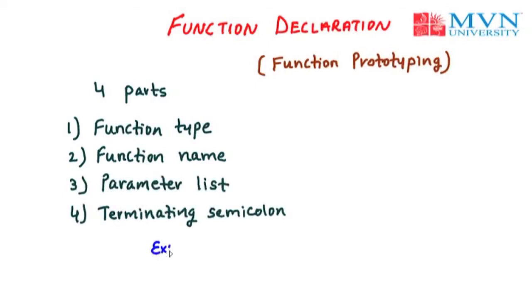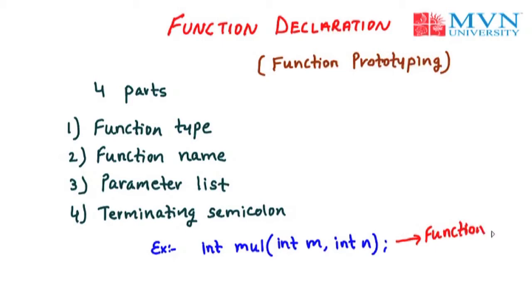For example, int mul, that is the name of the function, the parameter list int m comma int n and the semicolon. This is known as function declaration or function prototype.